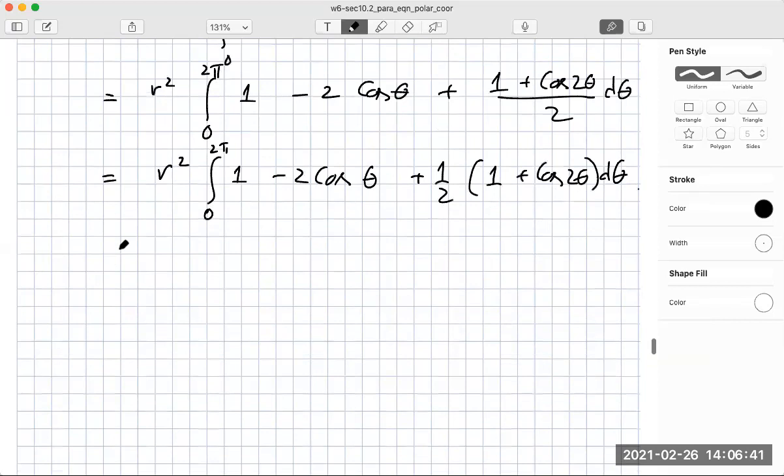We find the antiderivative of this guy. What is the antiderivative of 1? Theta, very good. Antiderivative of negative 2 cosine theta.